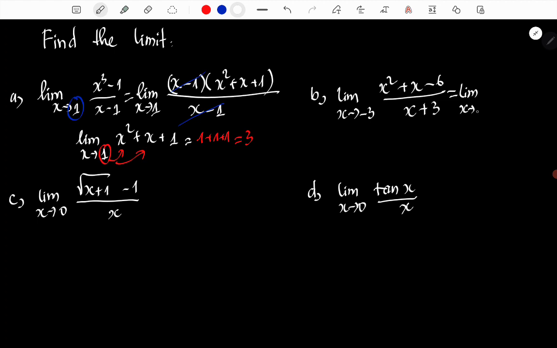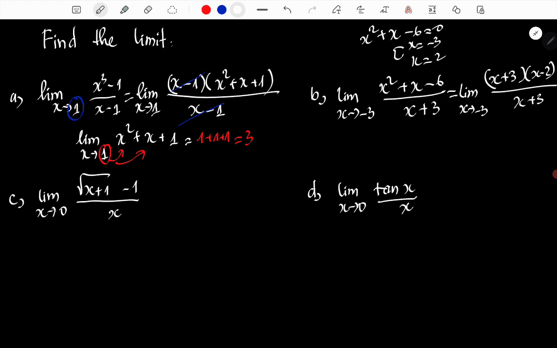x goes to negative 3. So look at the numerator. We actually can find x squared plus x minus 6 equal to 0. So we can see x equal to negative 3 and x equal to 2. So in the numerator, we can write x plus 3 times x minus 2 divided by x plus 3, right?